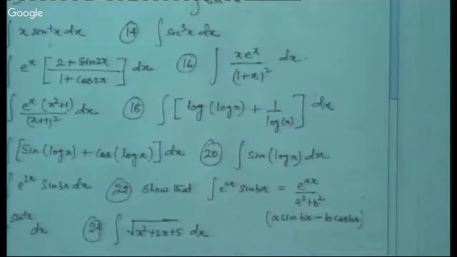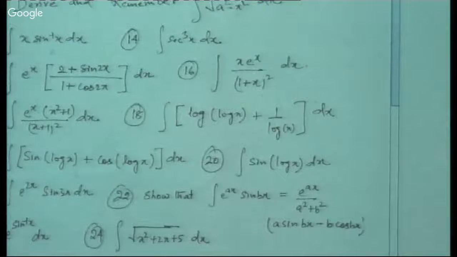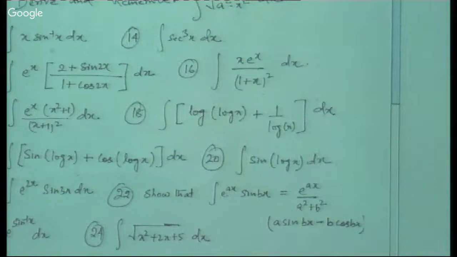And there are two terms, log x plus 1 by log x. I can see that if I differentiate log x, I'll get 1 by x along with it, and that is missing, right? So I'm going to substitute log x as my t.